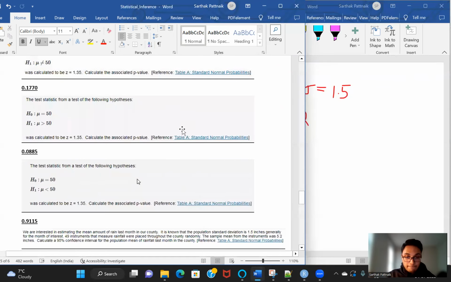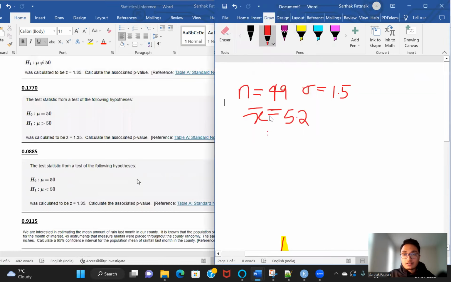All right. Now I need to calculate the 95% confidence interval. How do you calculate it? The confidence interval is given by estimate plus or minus margin of error.